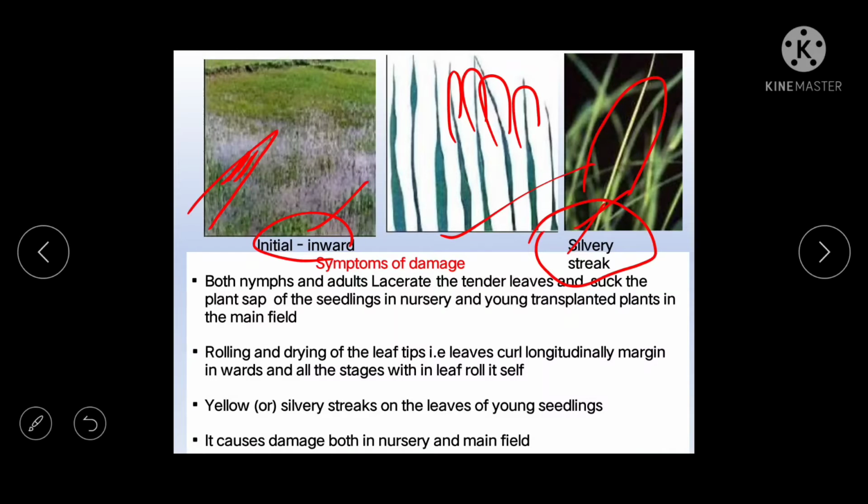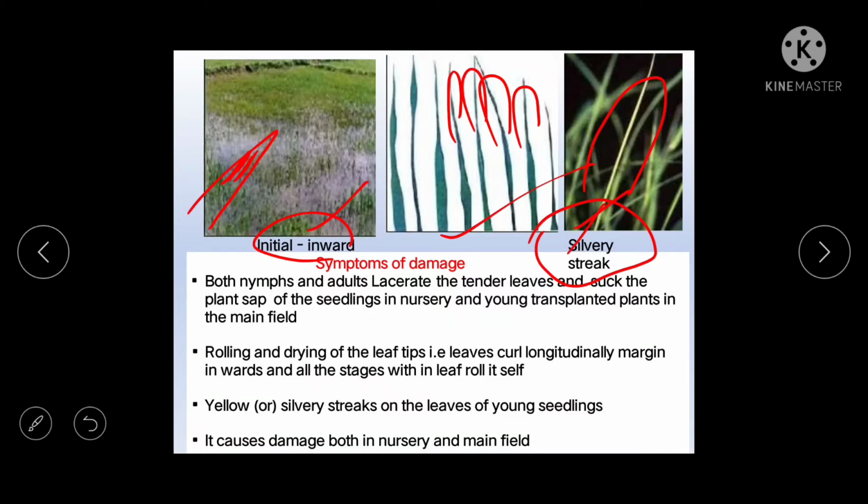Okay, so both the nymphs and adults, they will lacerate the tender leaf and suck the plant sap. So as a result, if they are sucking the plant sap, the plant will become dry. So here what you will get, silvery streak will occur. That means silver color will occur due to the attack of the thrips.